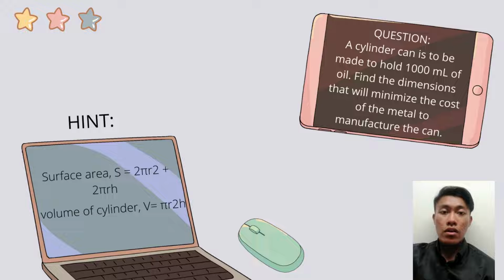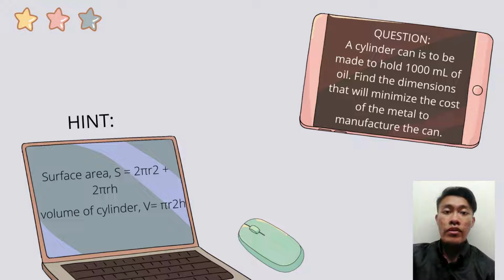My name is Muhammad Fauzan Shafi bin Muhammad Faudi, and this time I will present to you all about the problem solving from our group topic. The question is, a cylindrical can is to be made to hold 1000 milliliters of oil. So we have to find the dimensions that will minimize the cost of the metal to manufacture the can.